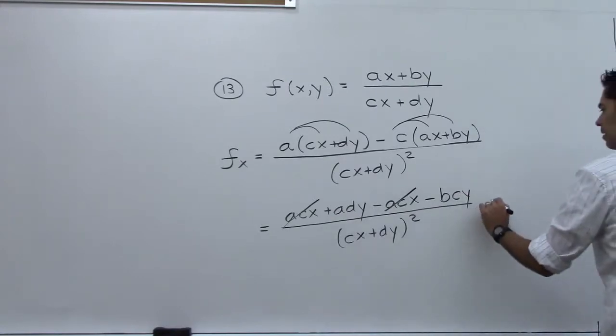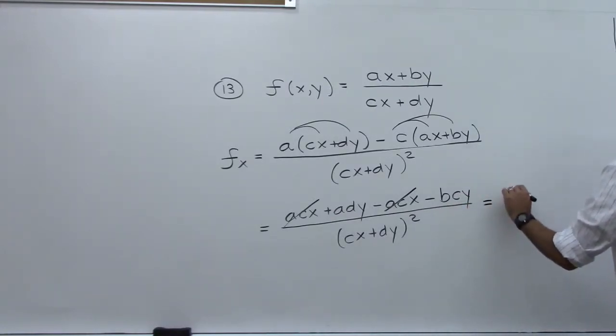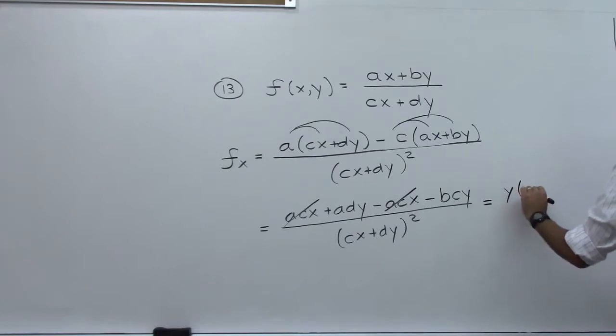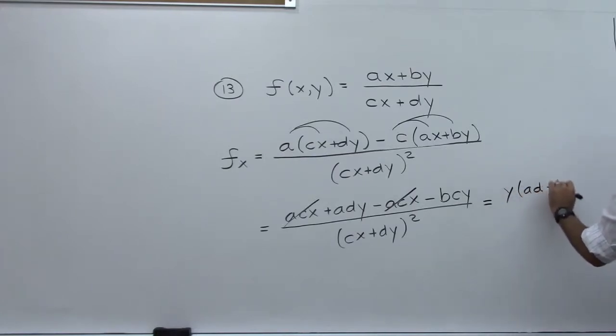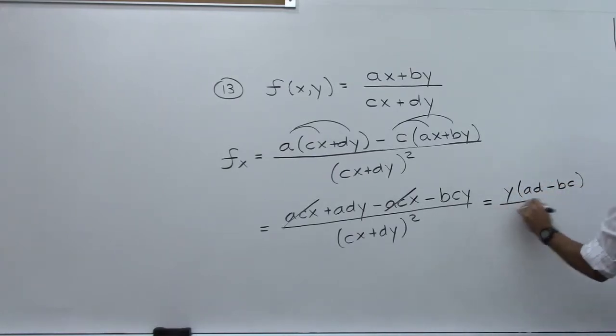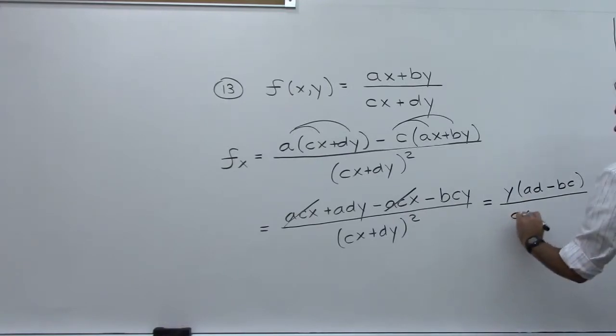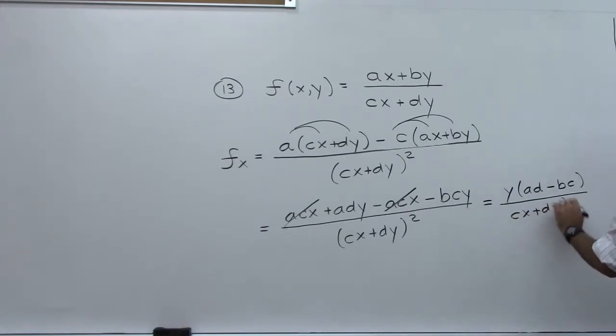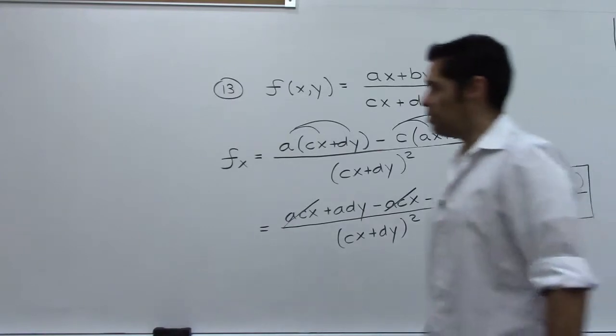The most I could do there is pull out a y maybe, but even that wouldn't really necessarily be something you have to do. That's it right there. So there's your partial with respect to x.